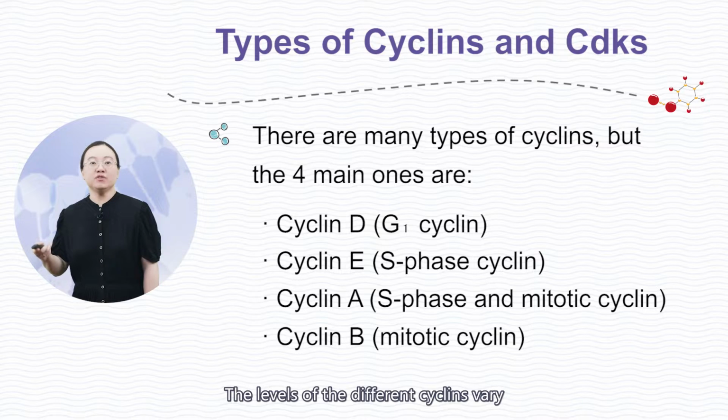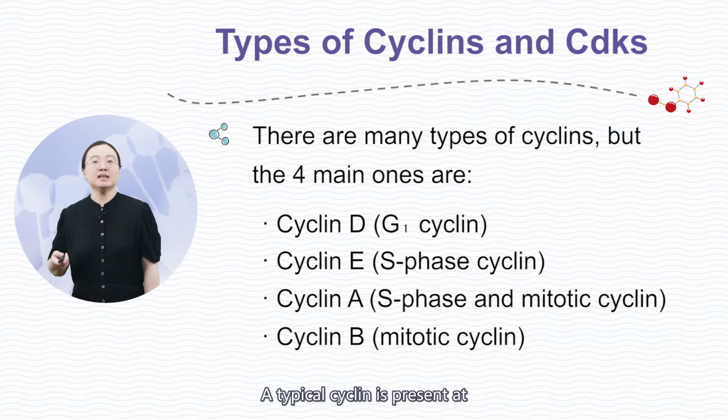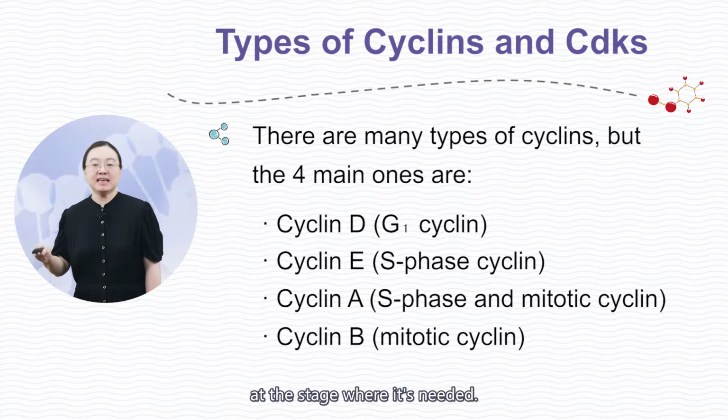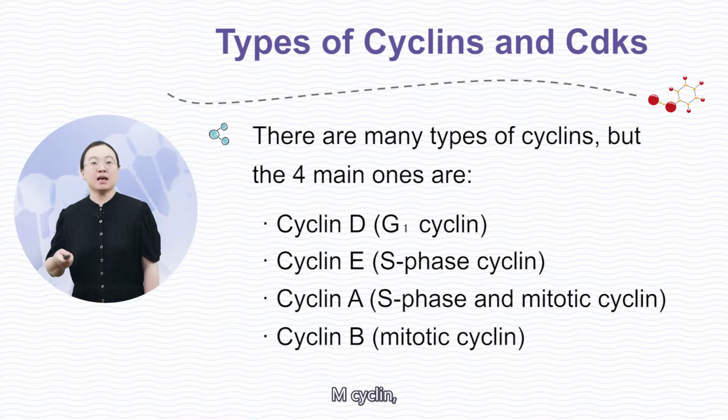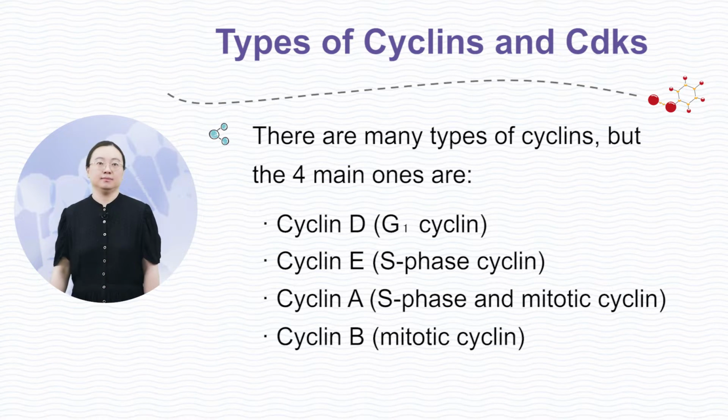The levels of the different cyclins vary considerably across the cell cycle. A typical cyclin is present at low levels for most of the cycle, but increases strongly at the stage where it's needed. M cyclin, for example, peaks dramatically at the transition from G2 to M phase.